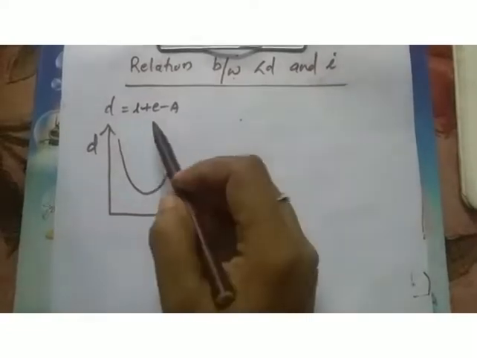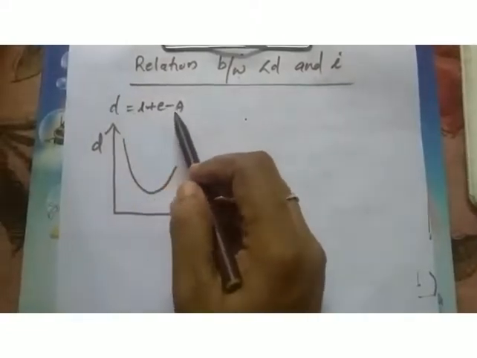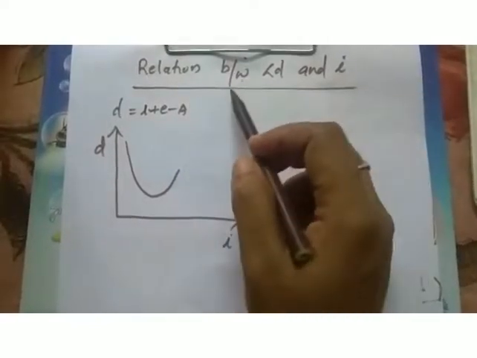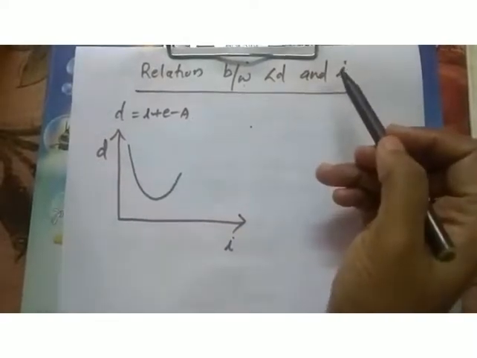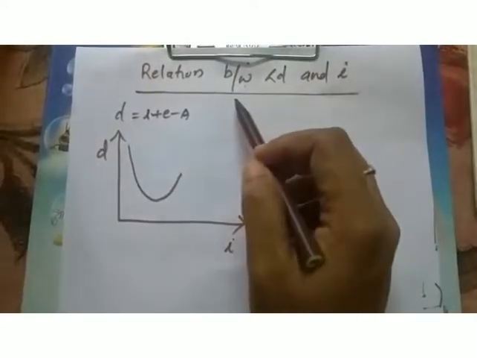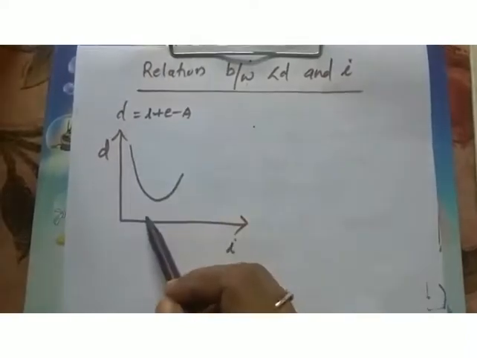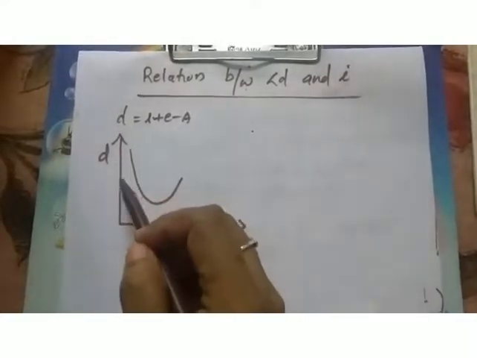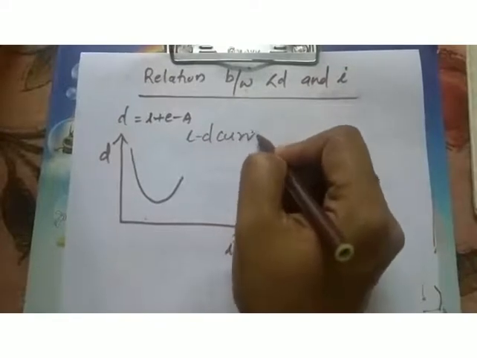Children, so we got an expression for D. Angle of deviation D is equal to I plus E minus A. Now, it's time to discuss the relation between angle of deviation D and angle of incidence I. And this relation can be well explained by plotting a curve or graph between angle of incidence I and angle of deviation D. And this graph is known as the ID curve.